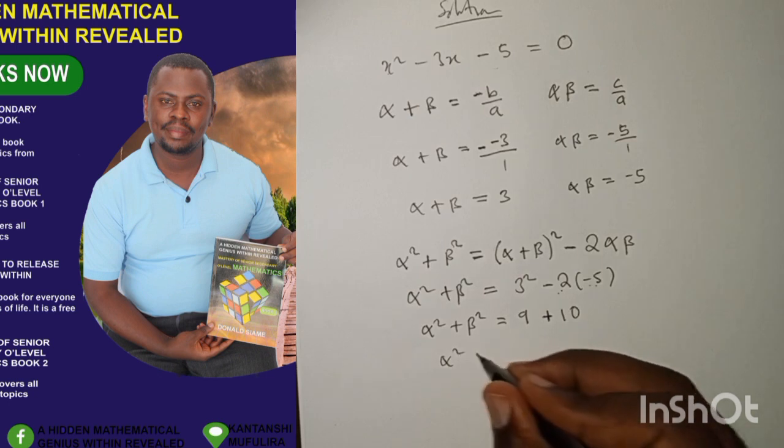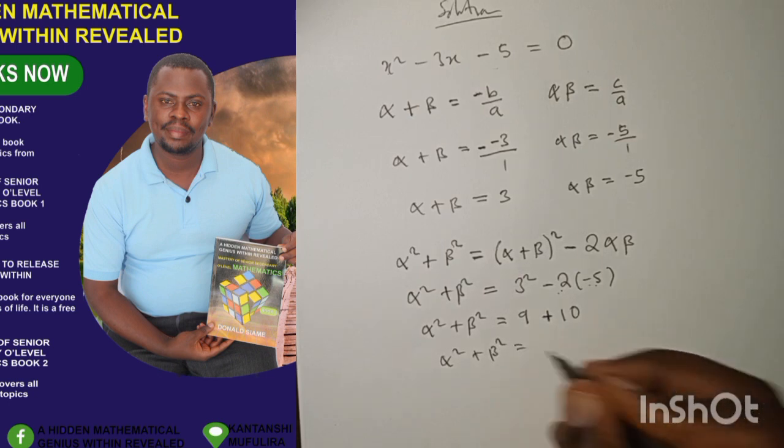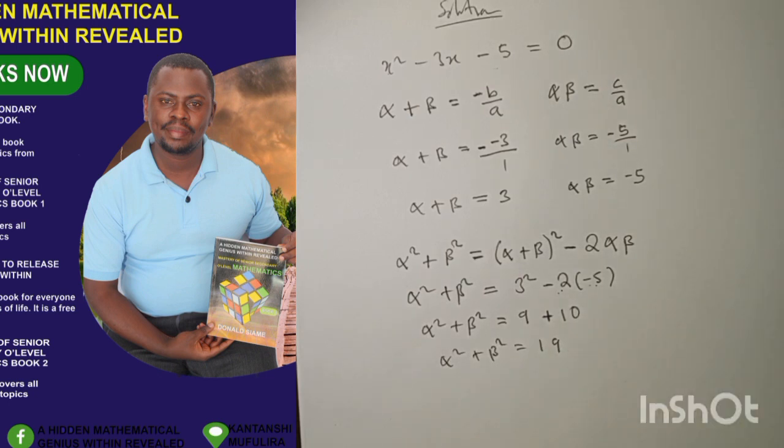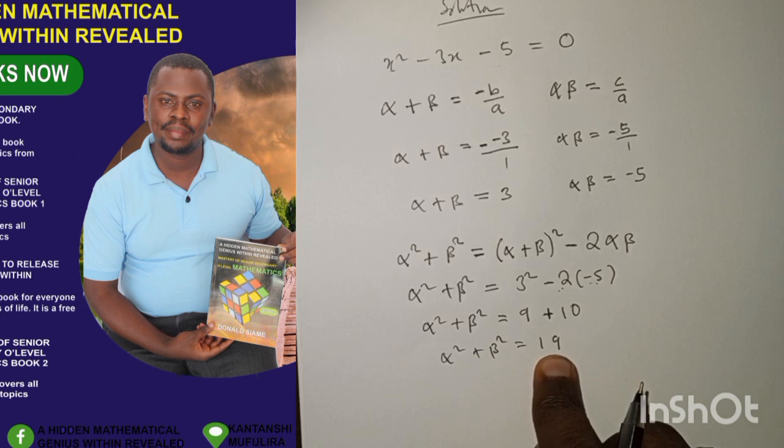So alpha squared plus beta squared is equal to 19. So the sum for the equation we are looking for is 19.